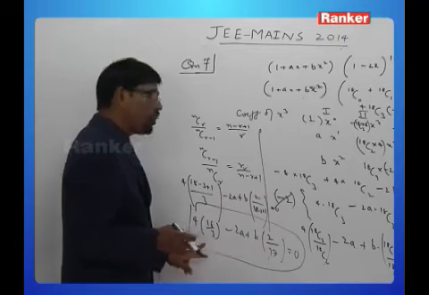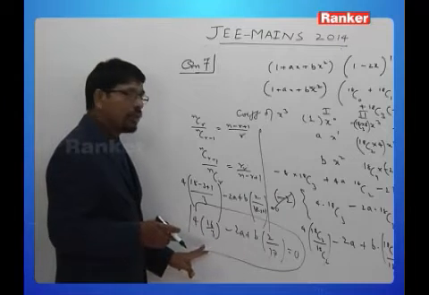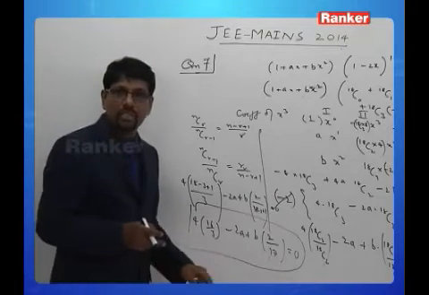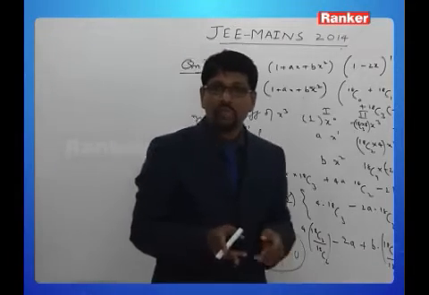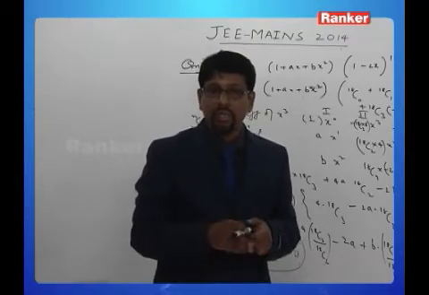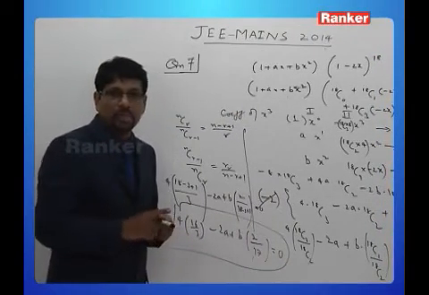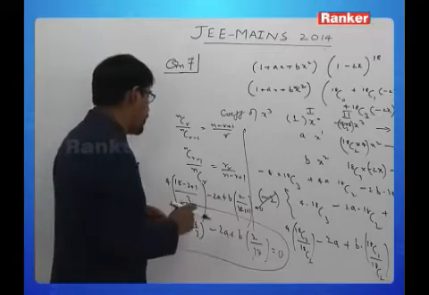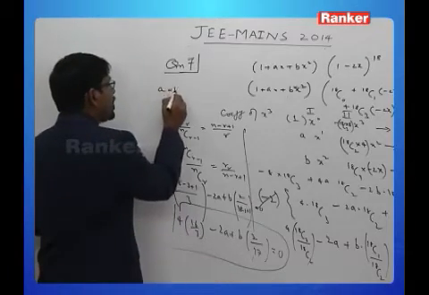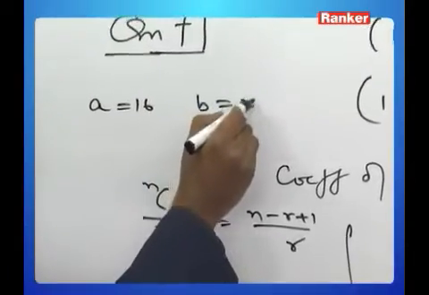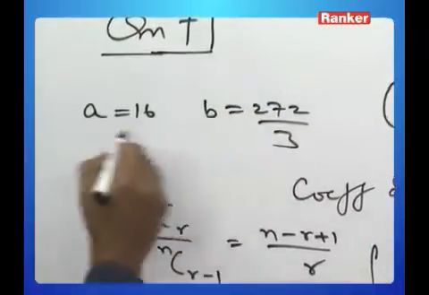Solving those two simultaneous equations, we will have the values of a and b, and clearly a is 16 and b is 272 by 3.